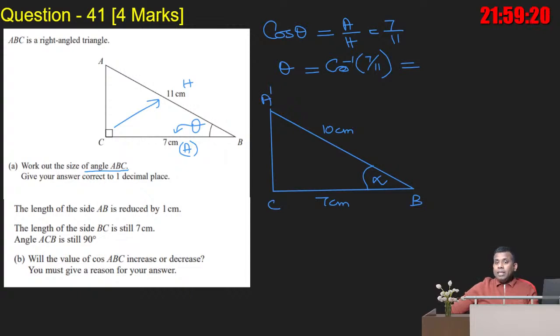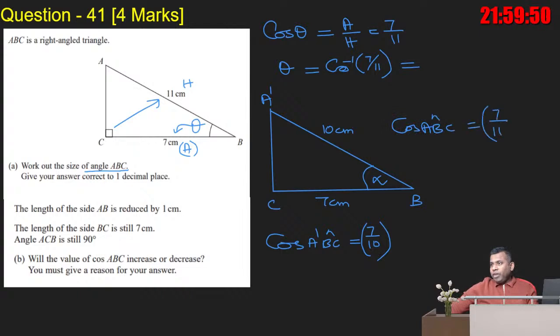Will the value of cos ABC increase or decrease? So I'm going to write cos A dash BC is equal to 7 over 10, right? And before, cos ABC is equal to 7 over 11.